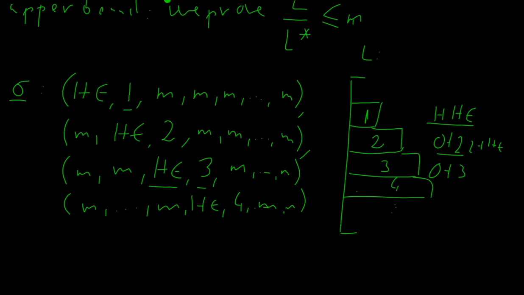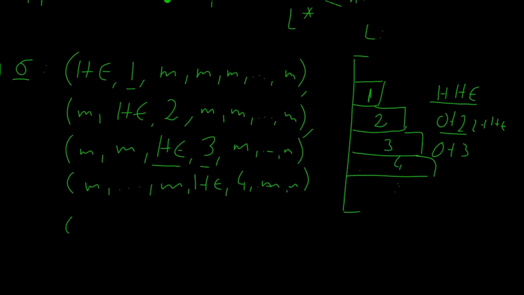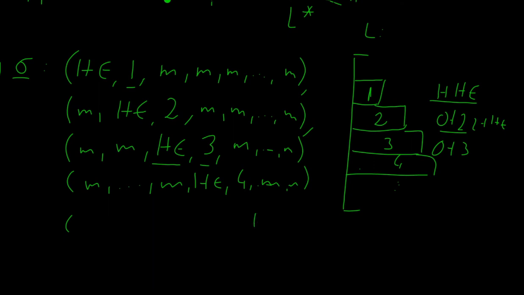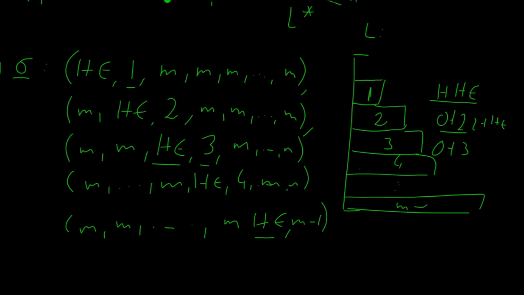Now for the penultimate case, the m minus 1th job will have the position of the 1 plus epsilon there, and it will be scheduled here, m minus 1.